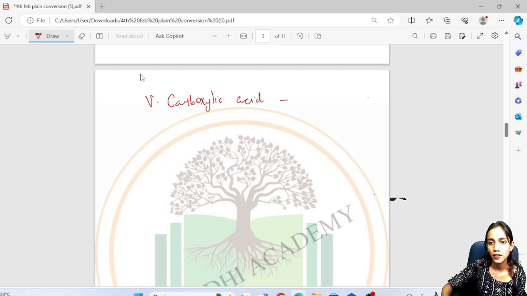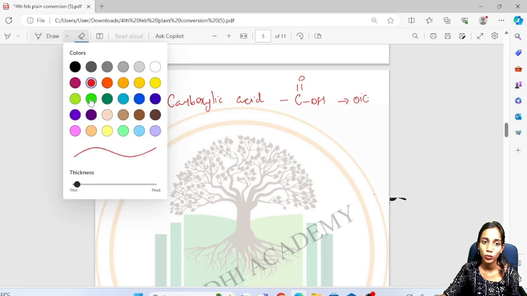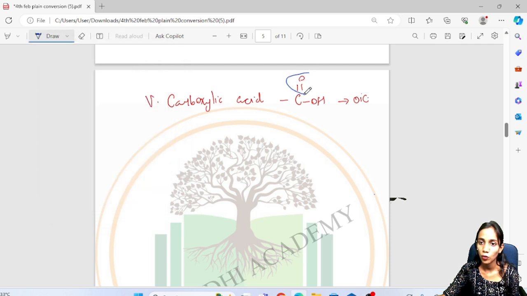This has C double bond O, OH, and the suffix is OIC. It has C double bond OH, which means again you have to know that this part is getting attached to the last carbon. Whatever the parent carbon is, you have to remove H from there and attach this C double bond O, OH to it.